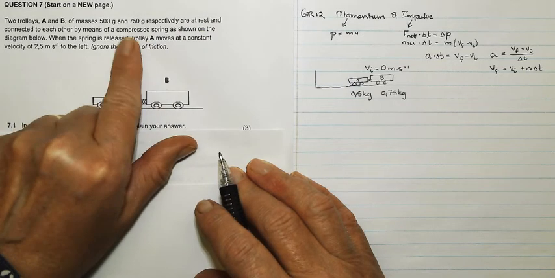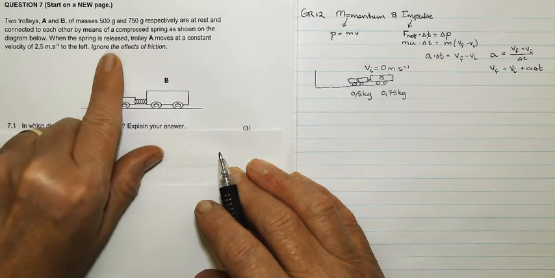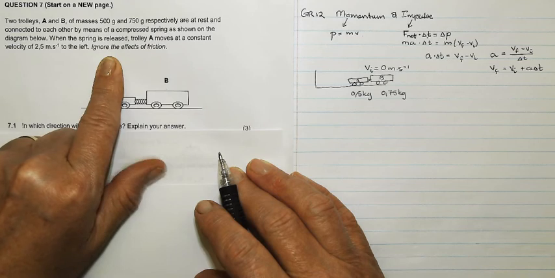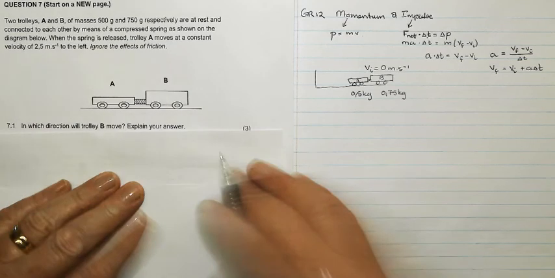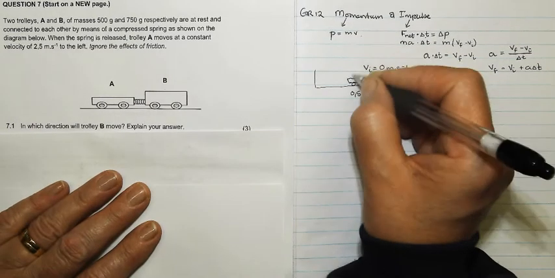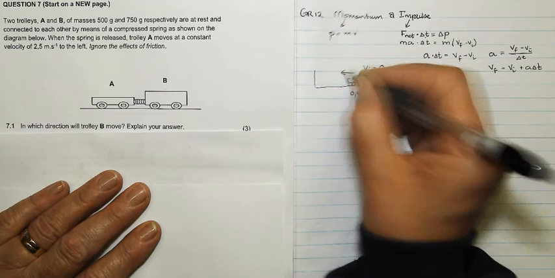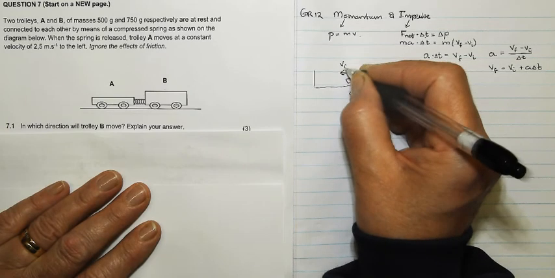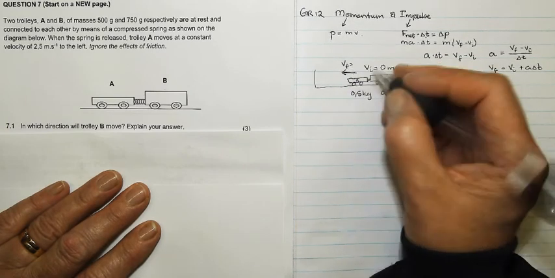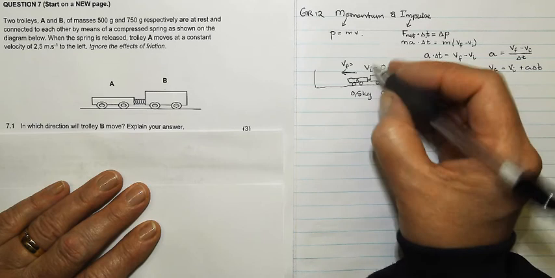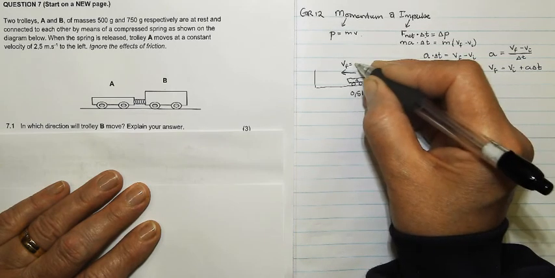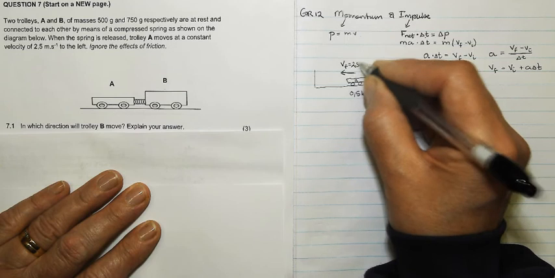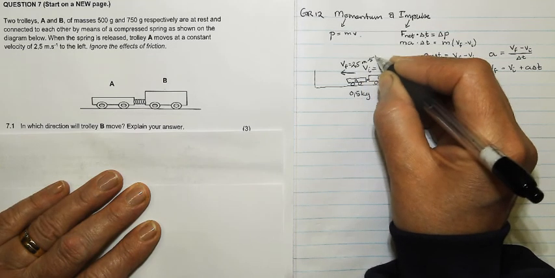There is a compressed spring between them. When the spring is released, trolley A moves at a constant velocity of 2.5 meters per second. In which direction? To the left. So Vf, that's the velocity after the explosion, which is considered as a collision, is 2.5 meters per second.